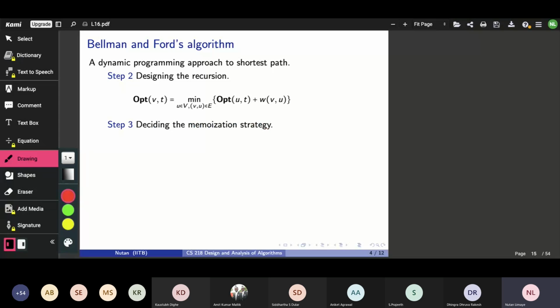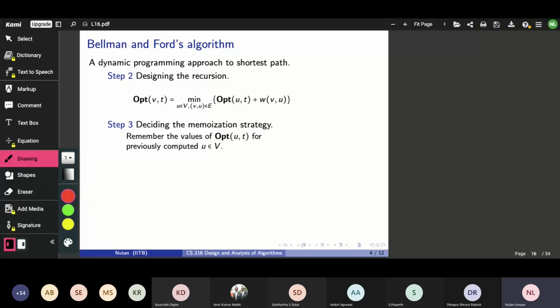Next thing is obviously what should I store? The memoization strategy. Even this is quite simple over here. Remember the values of opt of U comma T for previously computed U. That's all I need to remember at any given time.